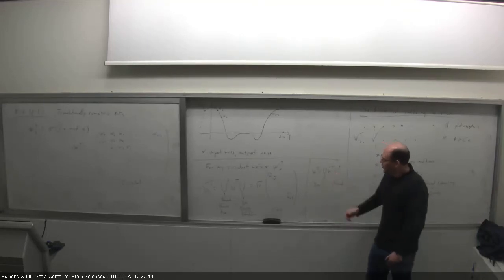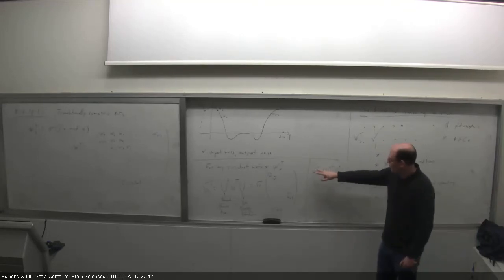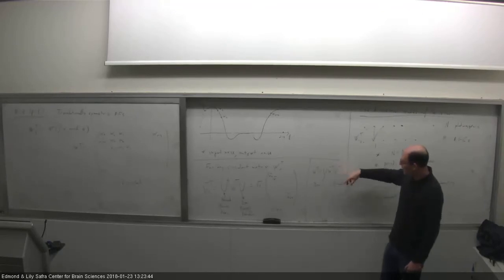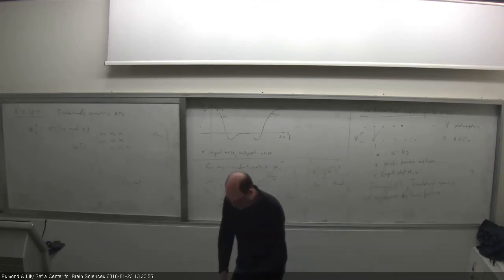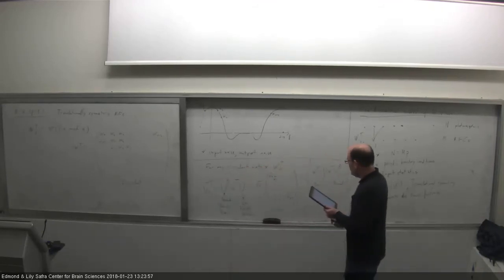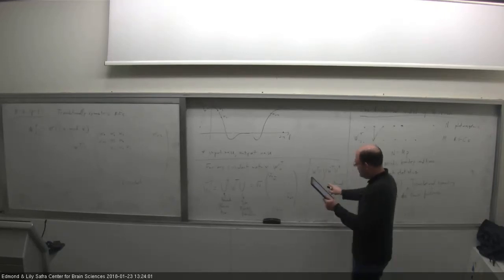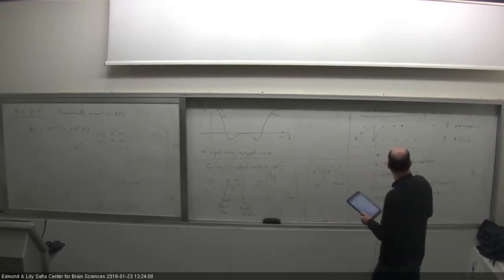Again, I want to ask what W transpose is doing on a vector: decomposing it into its Fourier components, multiplying each one by a constant, and then going back with an inverse Fourier transform. That's very nice in our context, because if we look now at this equation, where will I continue to write? Here.